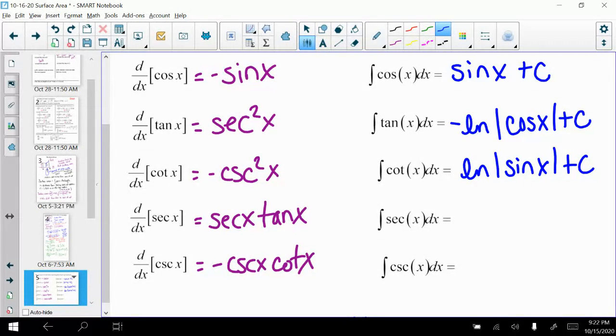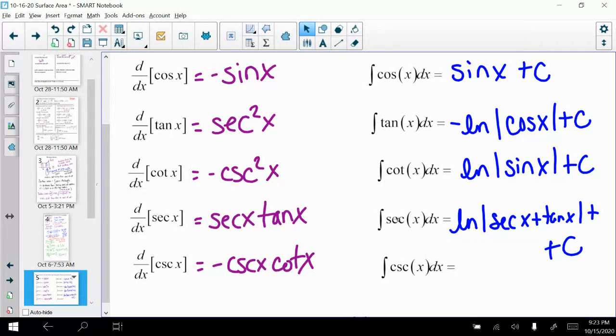And then the integral of secant, that's another one where we have to do a bit of algebra and trig, is the natural log of the absolute value of secant x plus tangent x plus c.